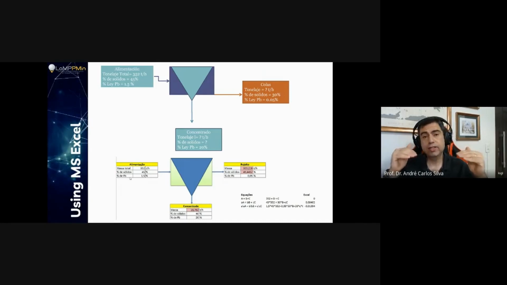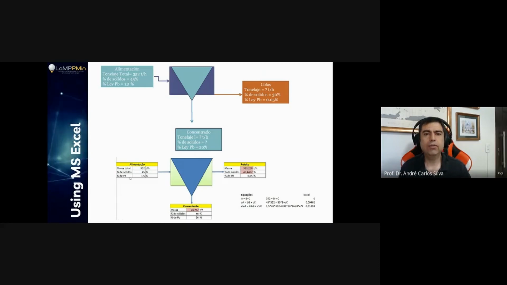And then you just take a look if you have a convergence of this error to the number that you're going to estimate, for example, 0. In this case, I'm going to show you guys how to prepare Excel and how to do this in order to reach an error that tends to 0. Of course, it's not going to be exactly 0, but it's going to tend to 0. And that's going to be good enough, okay?